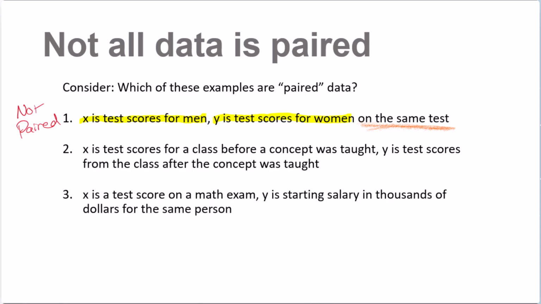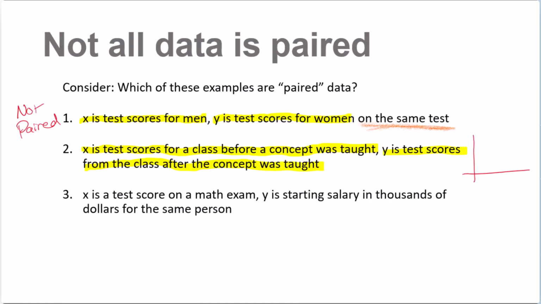In the second example here, I have X is test scores for a class before a concept was taught, so scores on like a pretest, and Y is test scores from a class after the concept was taught. So this is test scores again, but these are paired data because each X value and Y value would be from a single person.